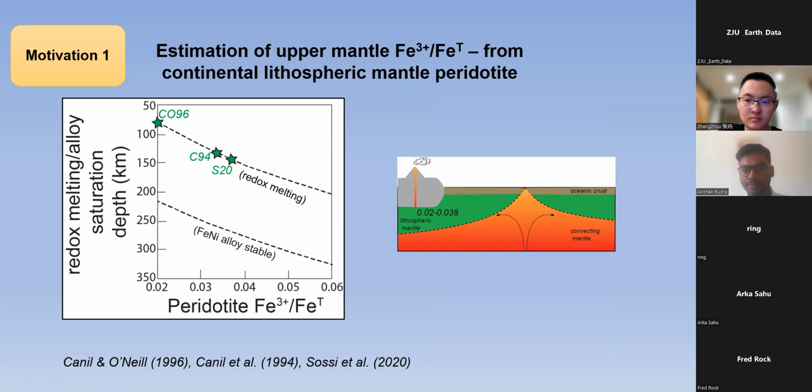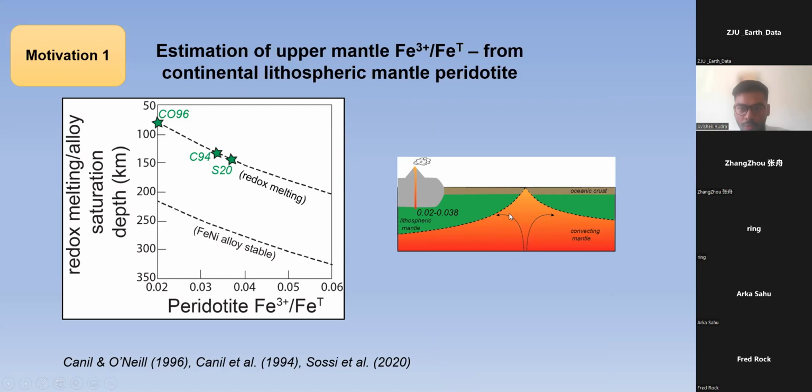But remember, for our discussions, we are more interested in what's happening in the convective or asthenospheric mantle, which may or may not have the same amount of ferric iron as the continental lithospheric mantle. So we don't have direct data on what the ferric iron content of this mantle looks like. We have data of this part of the mantle, so this part is still unknown. However, it gives some constraints.